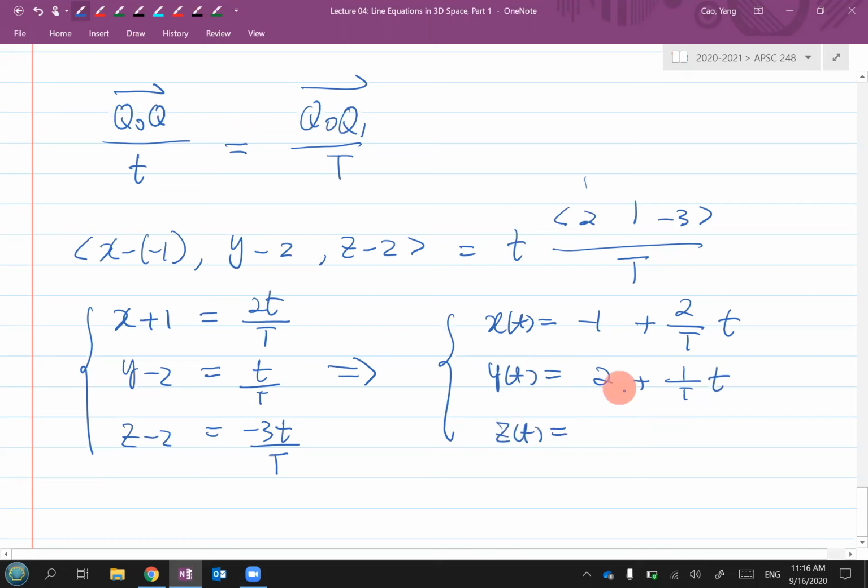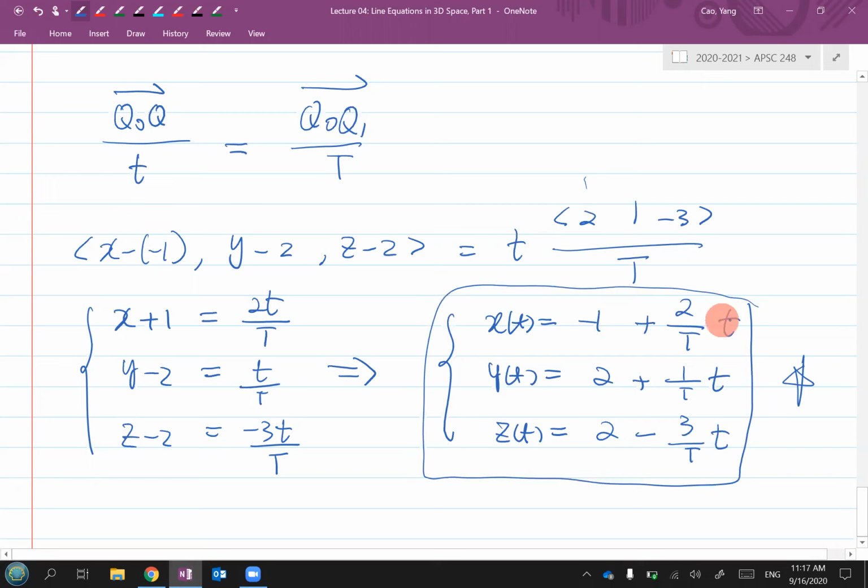And z of t equals 2, no, not plus, this is minus, so minus 3 over capital T times small t. So this is the result: the line L that passes through Q0 and Q1 can be described by this parametric equation. Any questions so far?